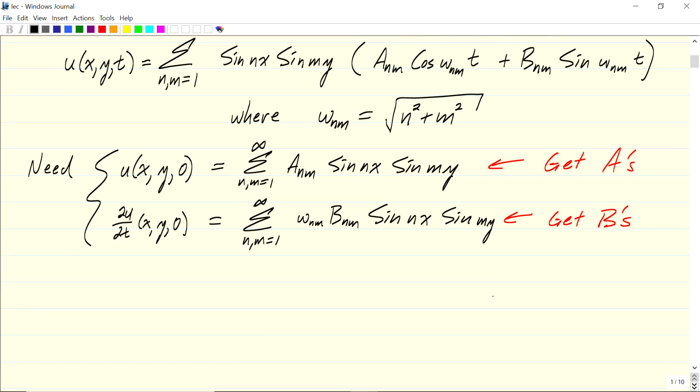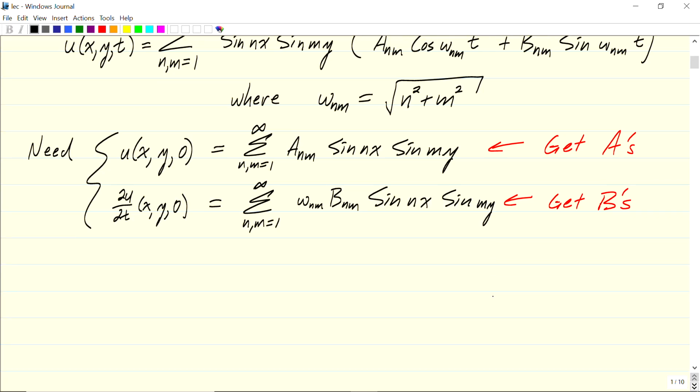These are double sine Fourier sine series. Let me show you how they work. So let's see. We need that top one to be a summation. I'm going to write it like this. Sum as n goes from 1 to infinity, sum as m goes from 1 to infinity, A_nm.